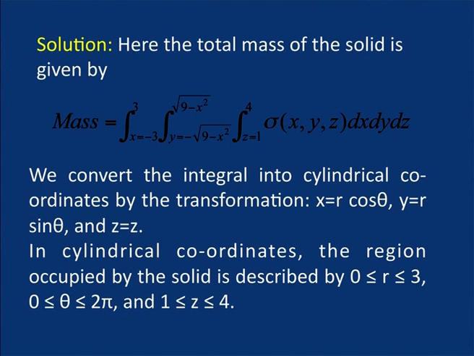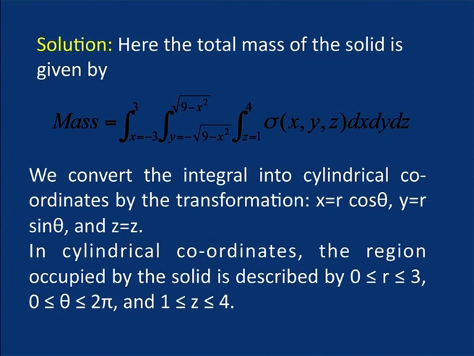the total mass of the solid is given by mass is equal to integral from x is equal to minus 3 to 3, from y is equal to minus root 9 minus x square to root 9 minus x square, and z is from 1 to 4. The integrand here is sigma(x, y, z) dx dy dz.